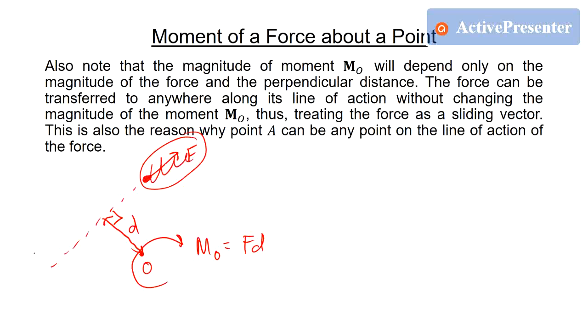If we transfer this force here, the magnitude MO will still be the same, F times D, because we can transfer force F to any point on its line of action, making it a sliding vector, without changing the magnitude of the moment, as long as you transfer it along its line of action.